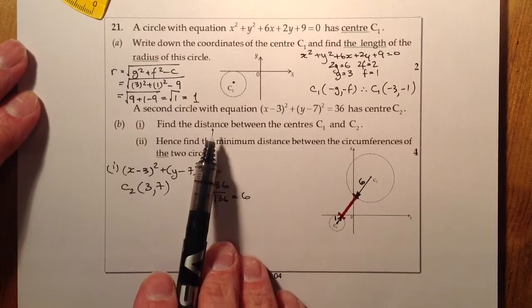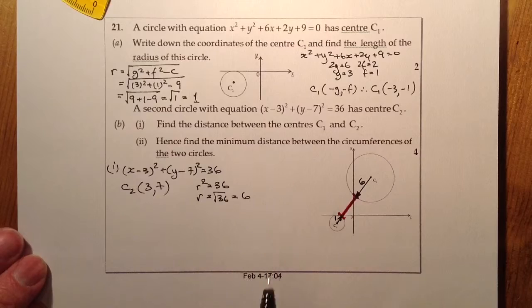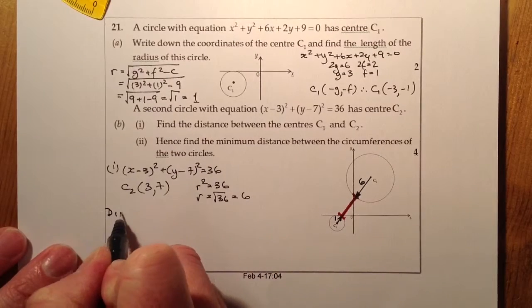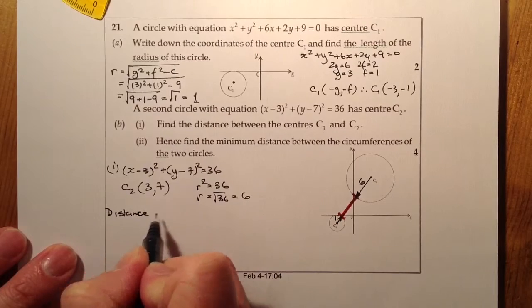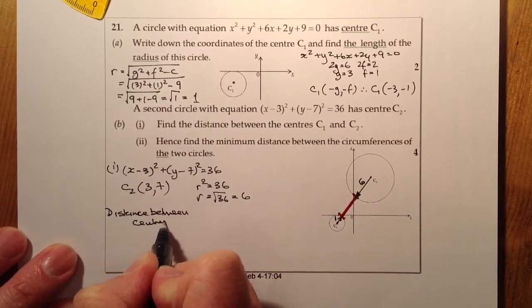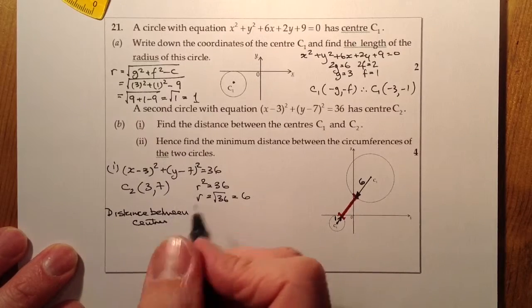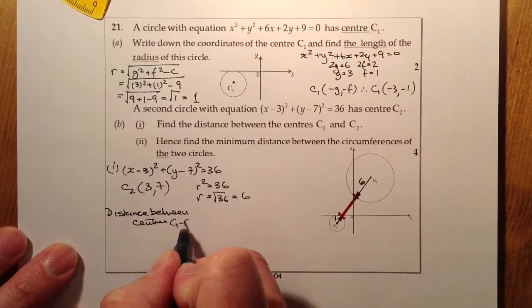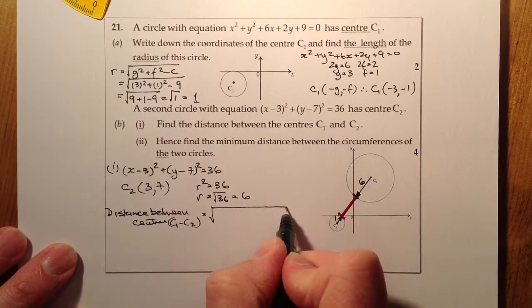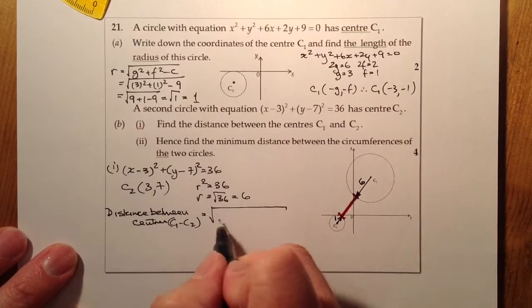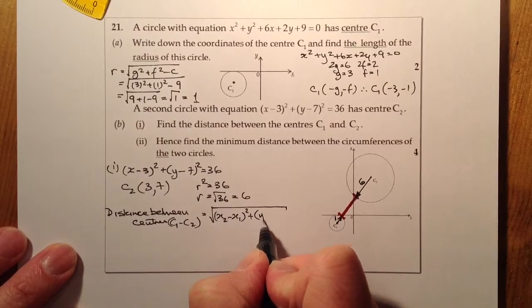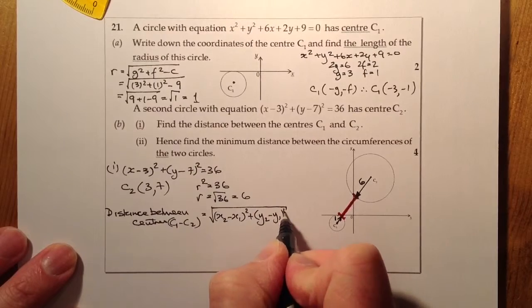So let's first of all find the distance between the centres, and I'll use the distance formula for that. So the distance between centres, C1 to C2. Just use the distance formula: x2 minus x1, squared, plus y2 minus y1, squared.